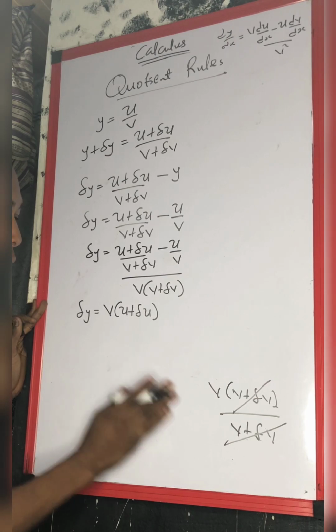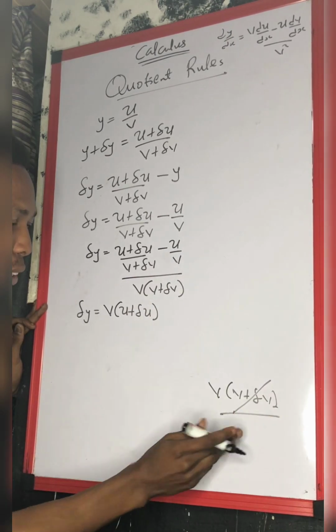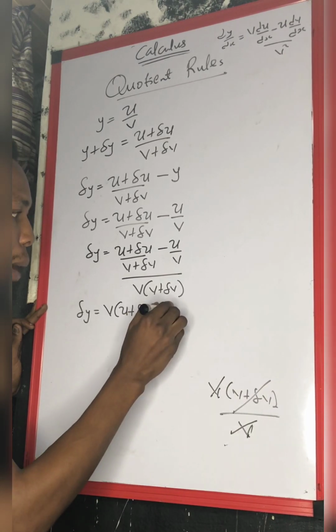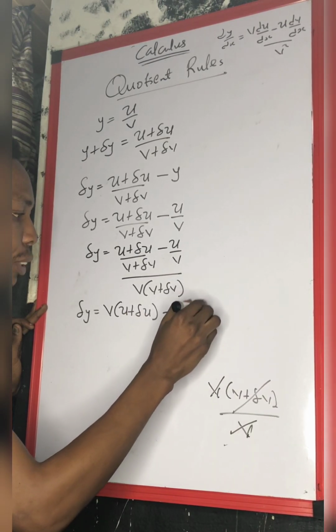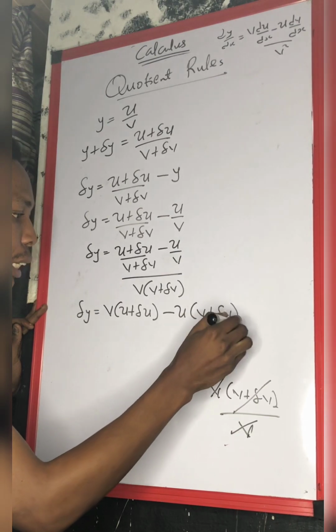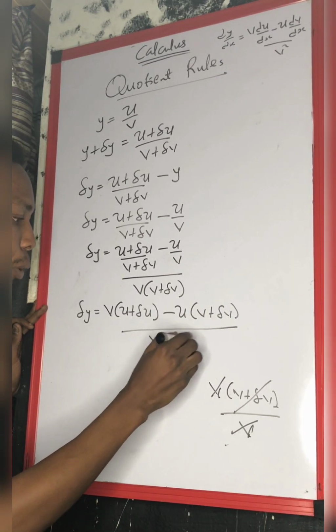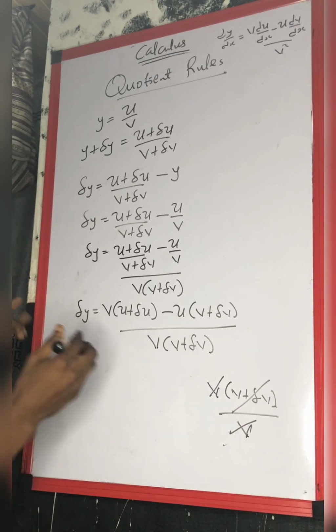At the same time, v cancels out v in the second term, and you are left with minus u bracket v plus change in v, all over the LCM, which is v bracket v plus change in v.